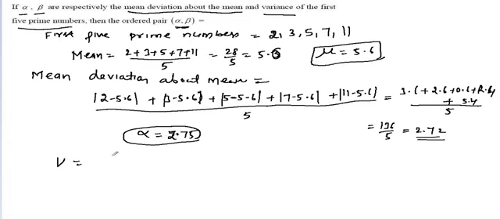Variance V is equal to sigma xi square by n minus (sigma xi by n) whole square.